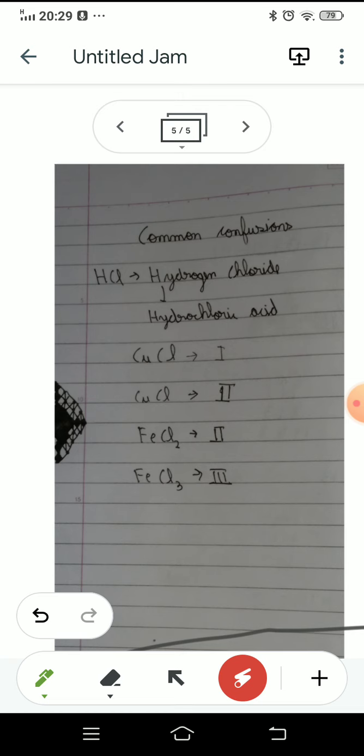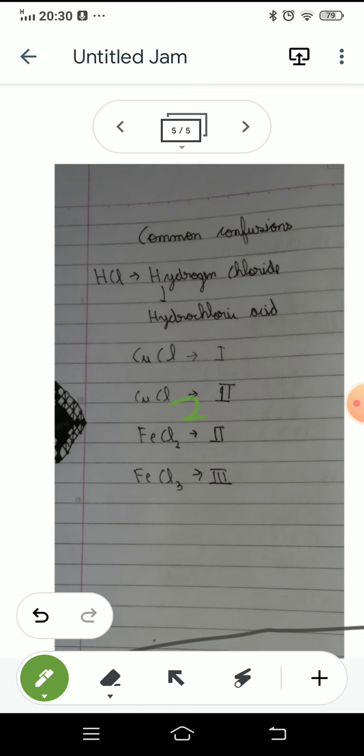Similarly, now you will see that I have written 2 over here. Why? Because if the valency of copper is 2, then it will get interchanged and come to chlorine, that is why it will be copper 2 chloride.